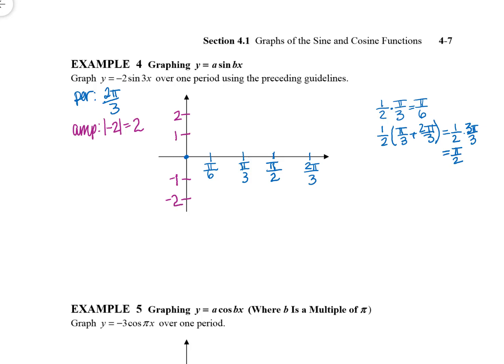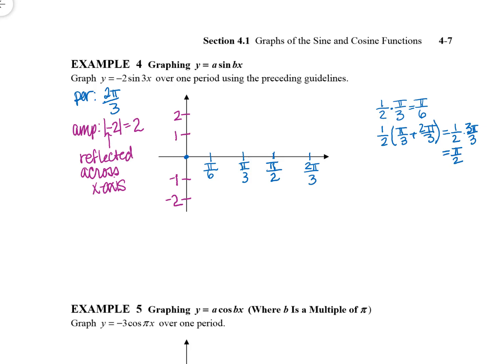Now we see that there is a negative, and so that negative means that it's going to be reflected across the x-axis. So instead of going up and then down, we're going to go down and then up.